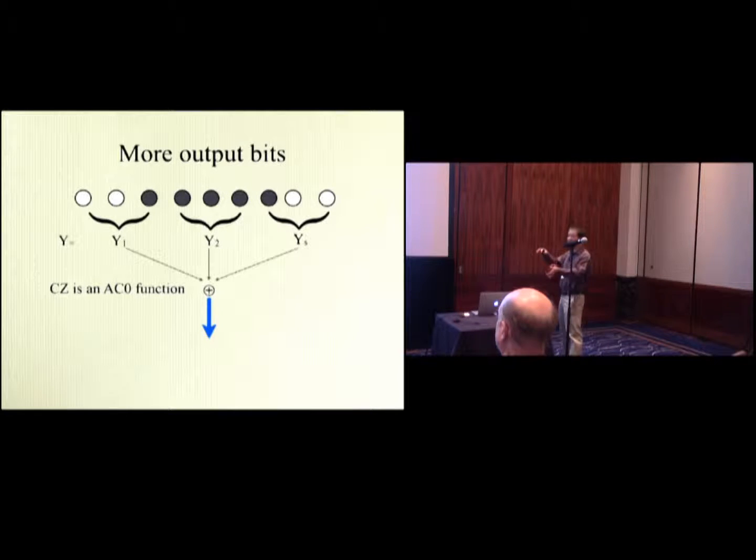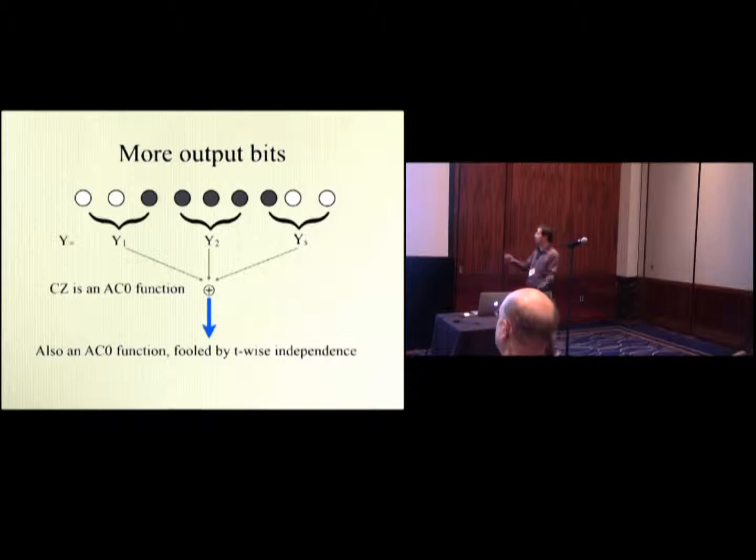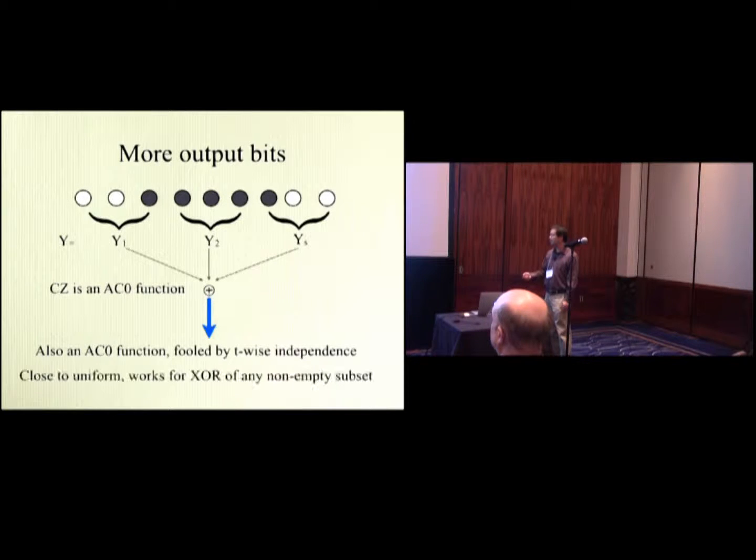And if you take the parity of them, parity can itself be written as a depth-2 AC0 function, and if you combine them, it's still an AC0 function. So the parity of these bits is still an AC0 function and can also be fooled by t-wise independence for a large enough t, if we choose the parameters correctly. And this would imply that the parity of these bits is going to be close to uniform.